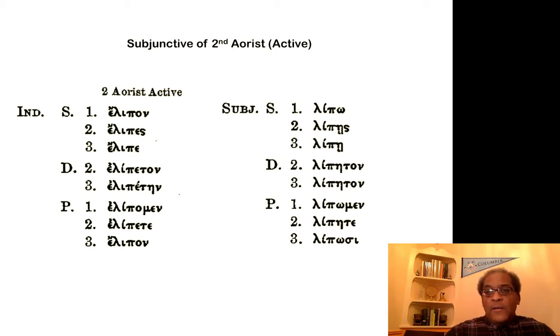You see there the difference between the indicative endings of the second aorist and those of the subjunctive: the second aorist in the indicative had completely different endings than the present, whereas with the second aorist subjunctive, you have the exact same endings. So it's really just one set of endings that you apply to the various tense stems.